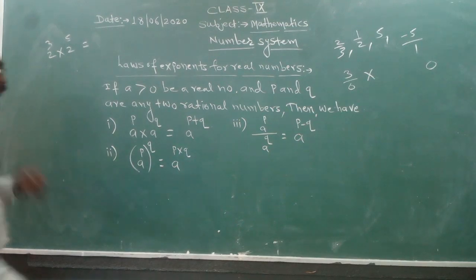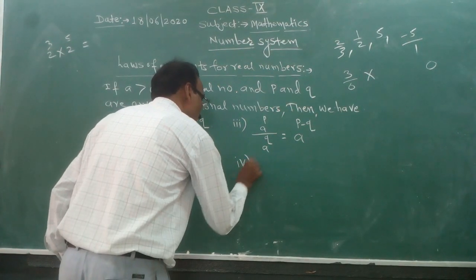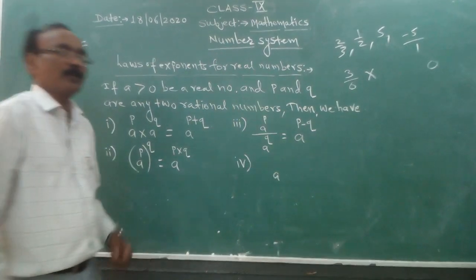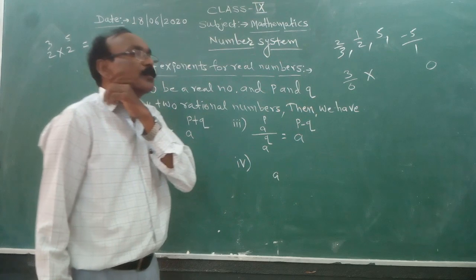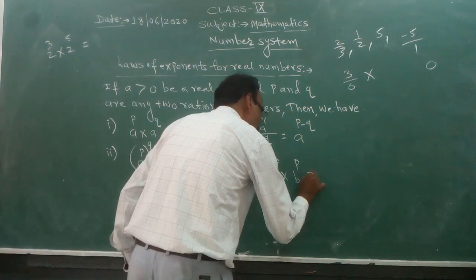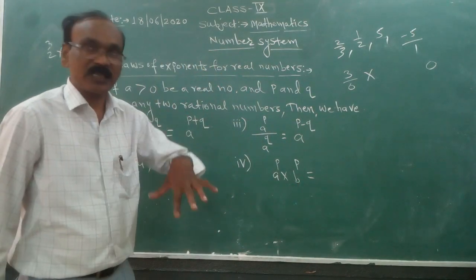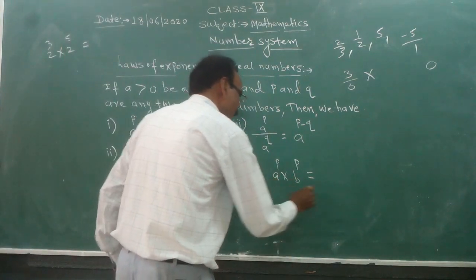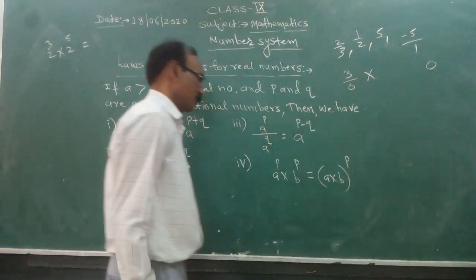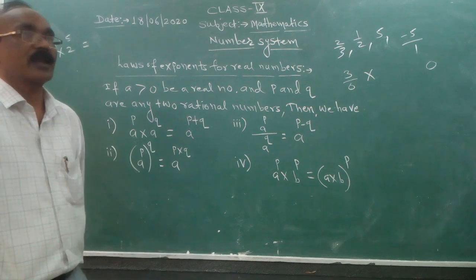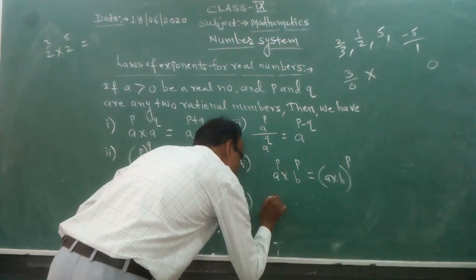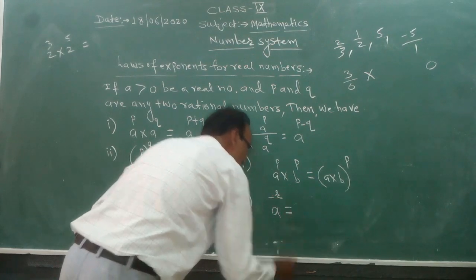Similarly, fourth one, if a raised to the power p और b raised to the power भी p है. यहाँ पे बेसिस डिफरेंट है लेकिन पावर सेम है. So I can take this in bracket, that is a into b whole raised to the power p. Then fifth, if the power is negative, a raised to the power minus r.